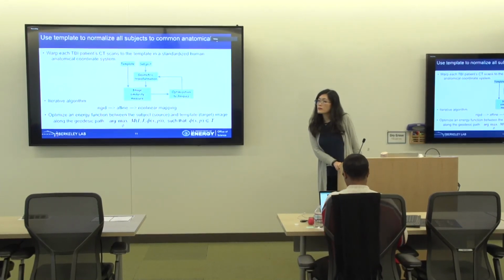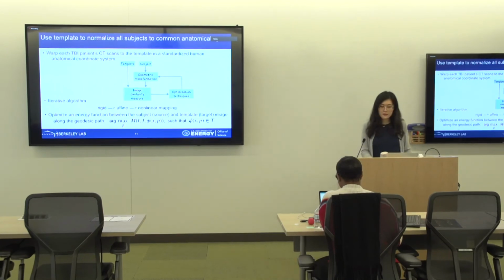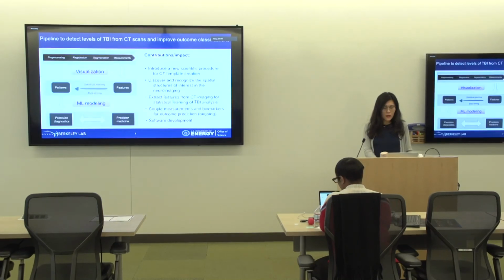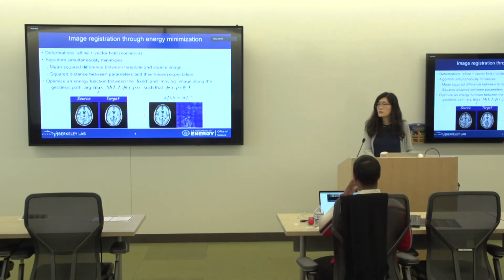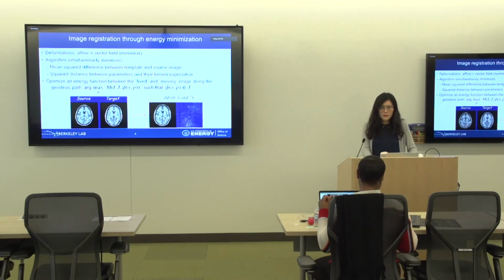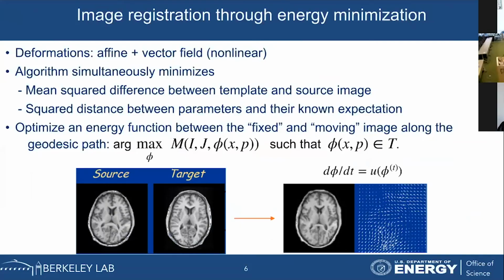Can you talk more about why we use this specific objective function? The question is about the optimization formula, why I formulated it, and what it means. Okay, I could certainly elaborate.